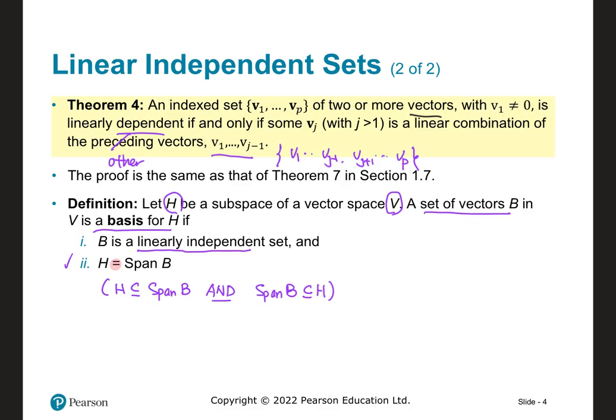Many students believe that if a certain B is independent and H is contained in span of B, then B is a basis for H. But span of B must also be contained in H, so that H and span of B must be the same. They must be equal. And B is linearly independent. That's the requirement for a basis.